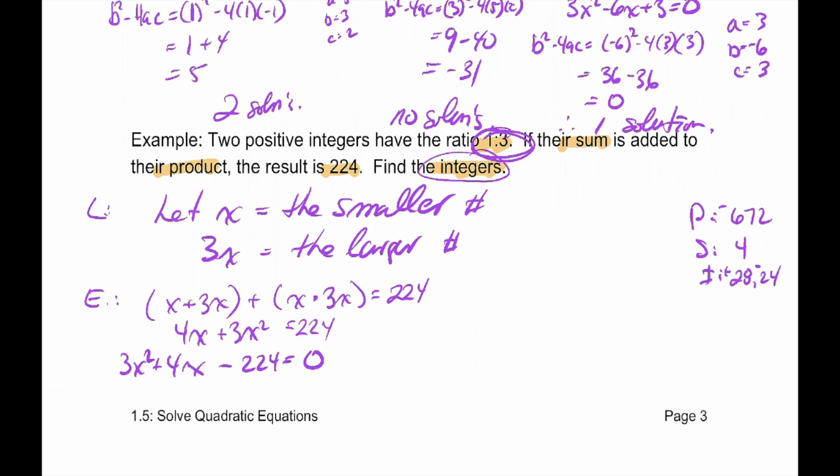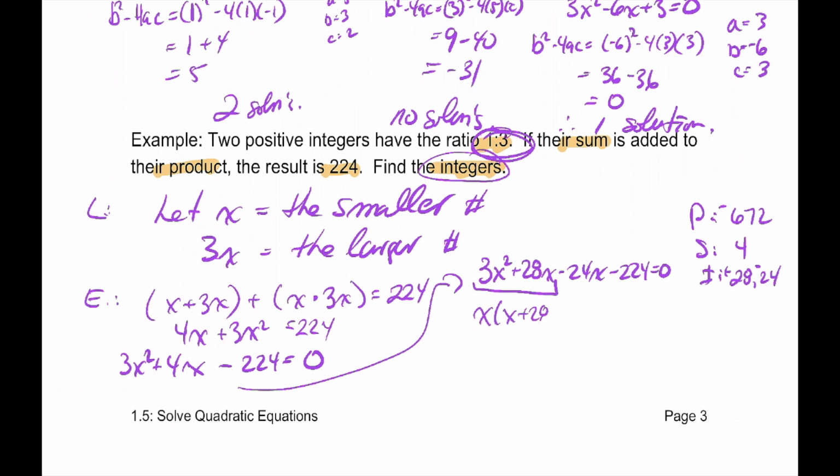So here we're going to decompose. And I'm going to just do this up here. Decompose the 4x to be a plus 28x minus 24x minus 224 is equal to 0. So common factor that out. For that pair, the best I could do is an x, so I'm left with x plus 28.